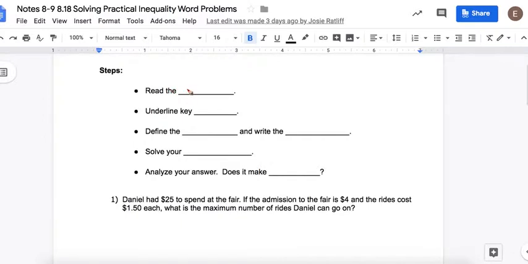So we first have to read the problem, underline key words, define the variable, in other words, what are we looking for, and write the inequality.